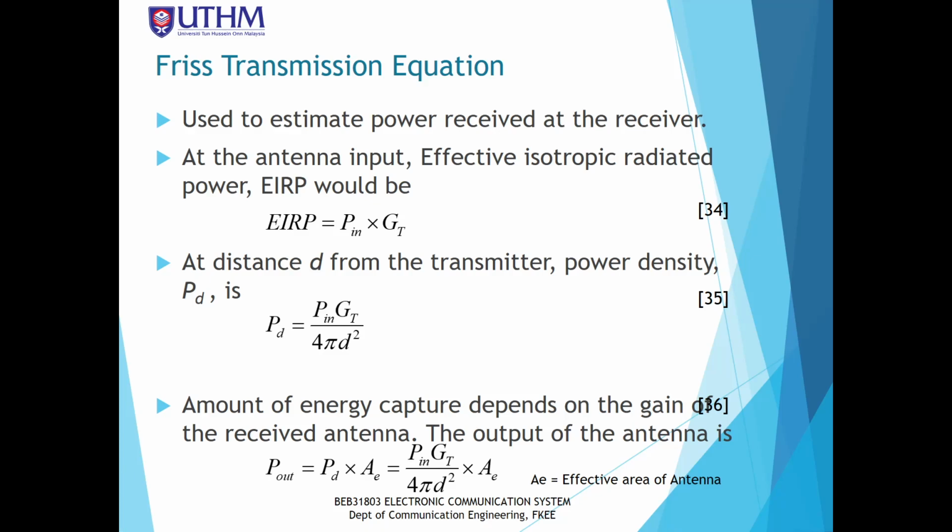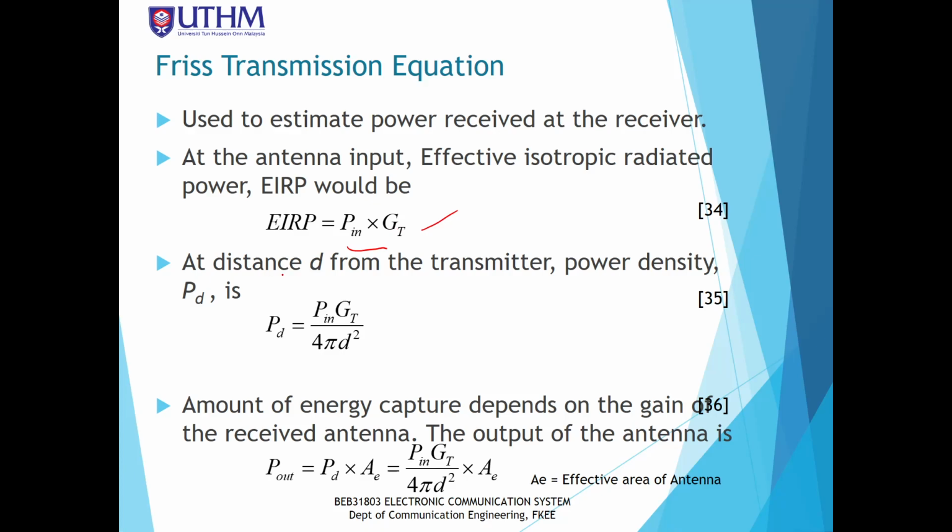EIRP in this case is defined as P in multiplied with the antenna gain, which is P in multiplied with GT.